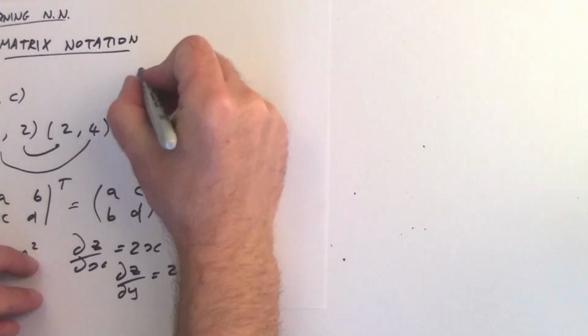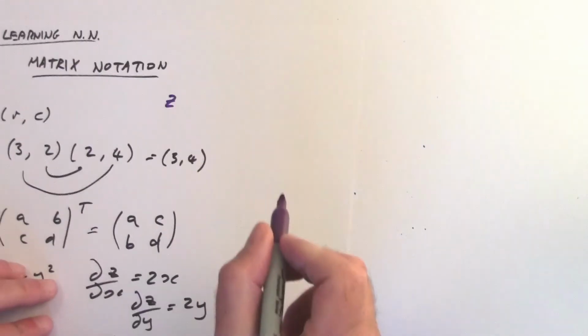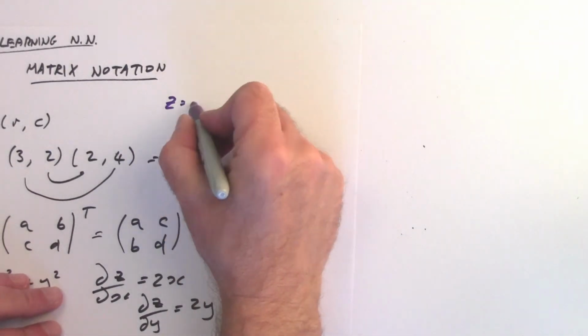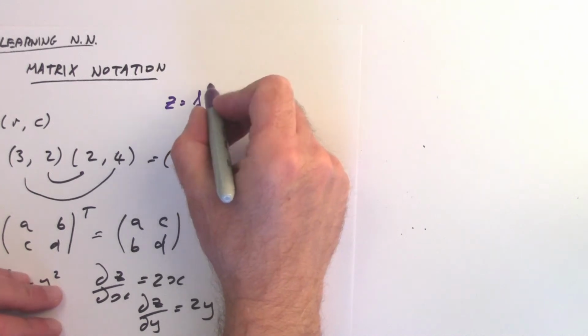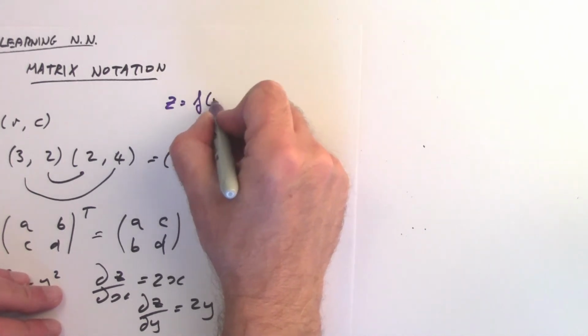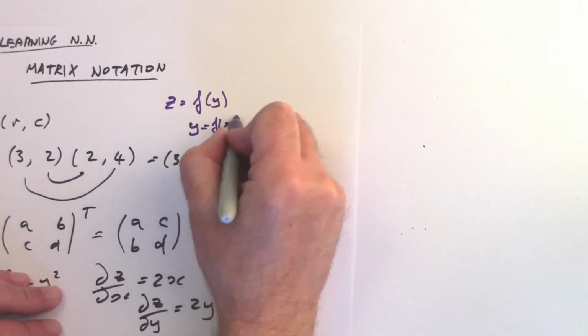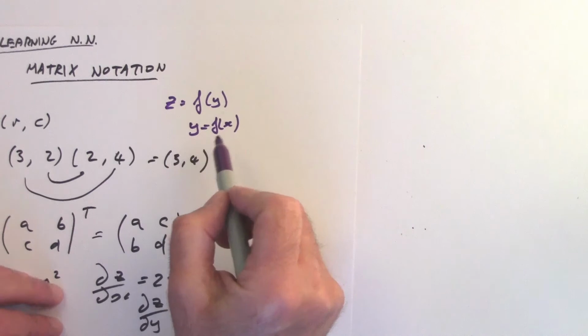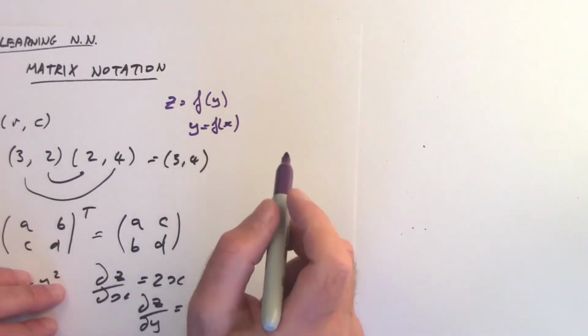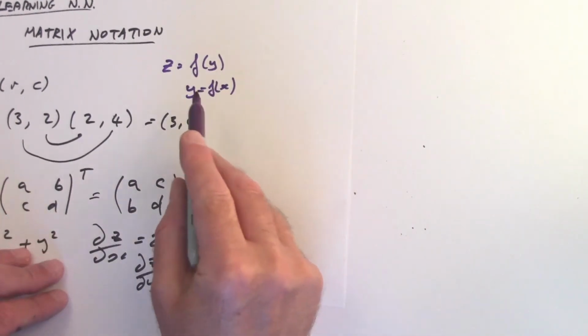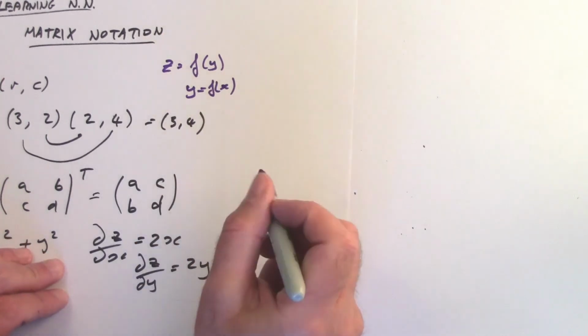The next thing you'd need to know is the chain rule for differentiation. If you have a z, which is a function of y, for example, and then y is also a function of x, then y and z are dependent variables. And so how would you differentiate z?